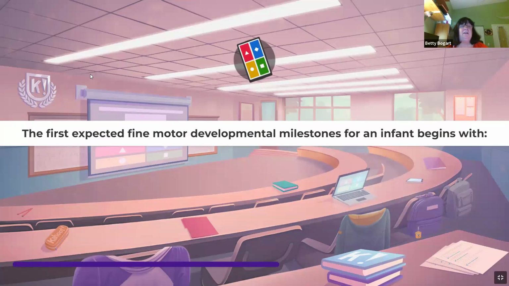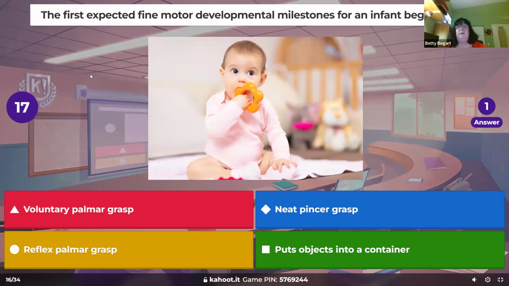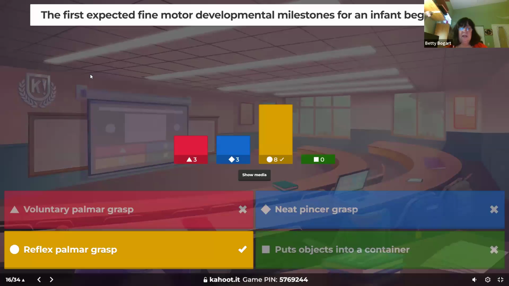The first expected fine motor developmental milestone for an infant begins with what? Remember, F, fingers. Fine motor, fingers. And it's that reflex. Remember, mommy put her finger into the crib and the baby grasps it, and it's a palmar reflex.